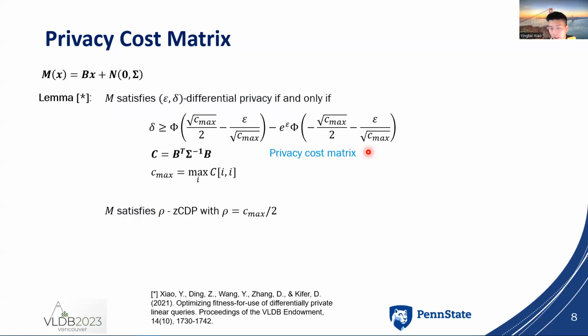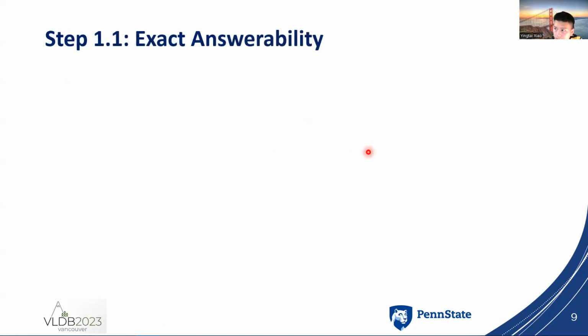And also, this linear Gaussian mechanism works for multiple definitions of differential privacy. Specifically, it satisfies zero-centered differential privacy, and also it satisfies mu Gaussian differential privacy. So to get the common mechanism, first we need the definition of answerability.